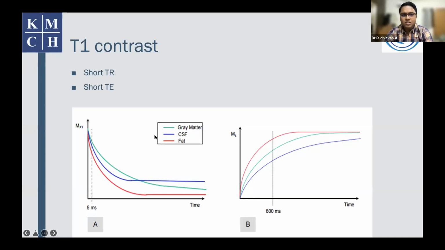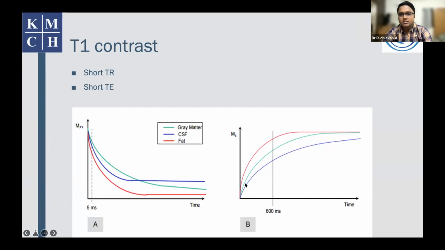When we use a short TR and a short TE, immediately after the RF pulse is given, with a short TE there is hardly any difference in the dephasing or relaxation of the protons in the T2 relaxation curve.